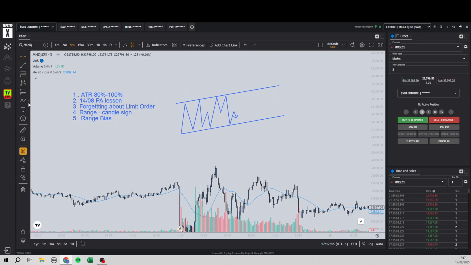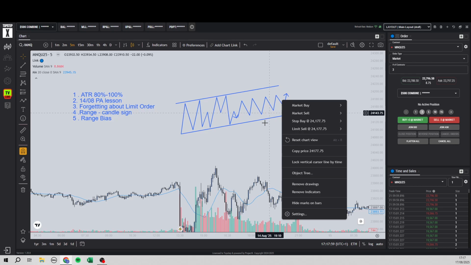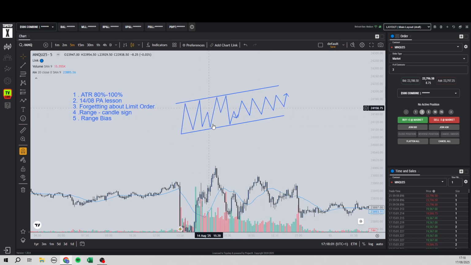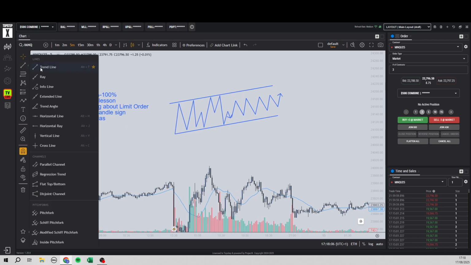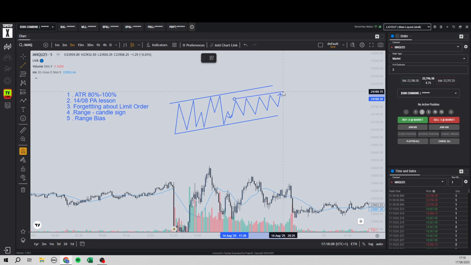And let's say we're looking for trades, and then the range starts to look something like this. Now, while we had this range going on here previously, now it's turned into more so a range like this.